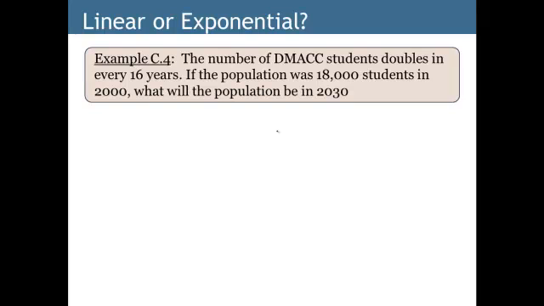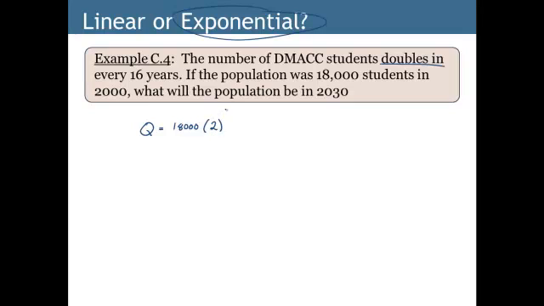The number of students at DMACC doubles every 16 years. What is the population in 2030 if it was 18,000 in the year 2000? Doubles, that is exponential. So the initial amount is 18,000 in the year 2000.